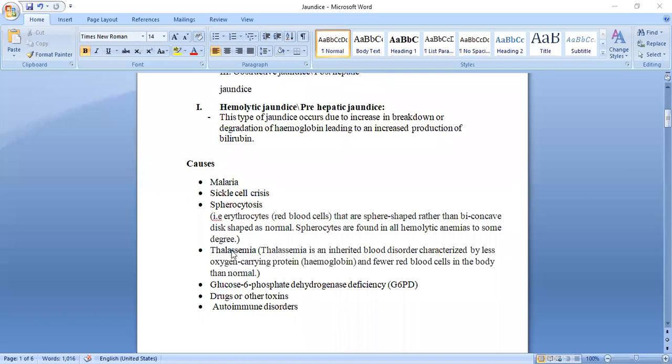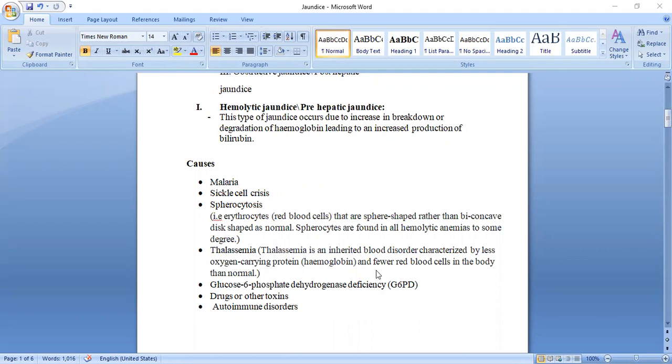Next one, thalassemia. Thalassemia is a blood disorder characterized by low oxygen carrying capacity of the hemoglobin. Next, glucose 6-phosphate dehydrogenase deficiency.